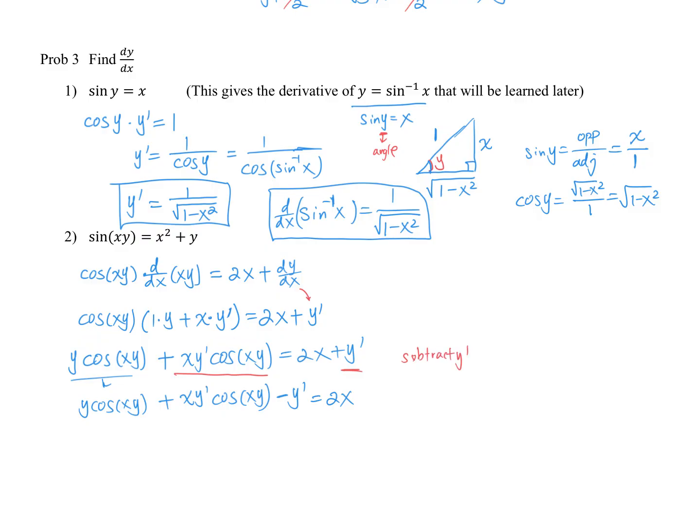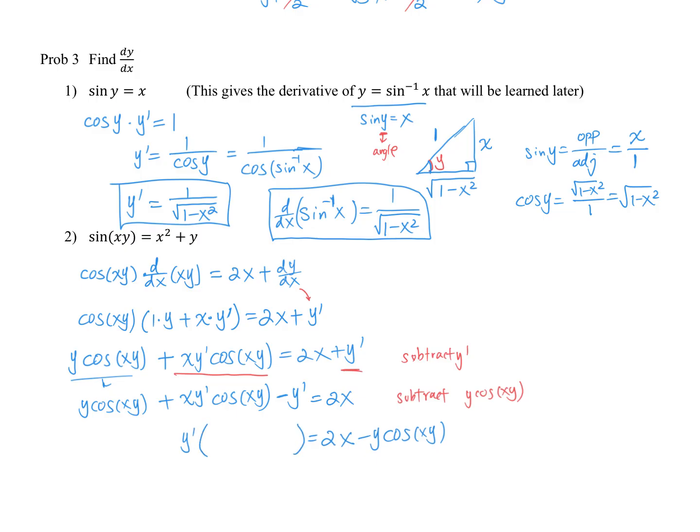And now we have to move the term without the y prime to the other side. So the right-hand side, we should have 2x minus y times cosine xy. So here we subtract y cosine xy from both sides. And on the left-hand side, we are left with y prime.